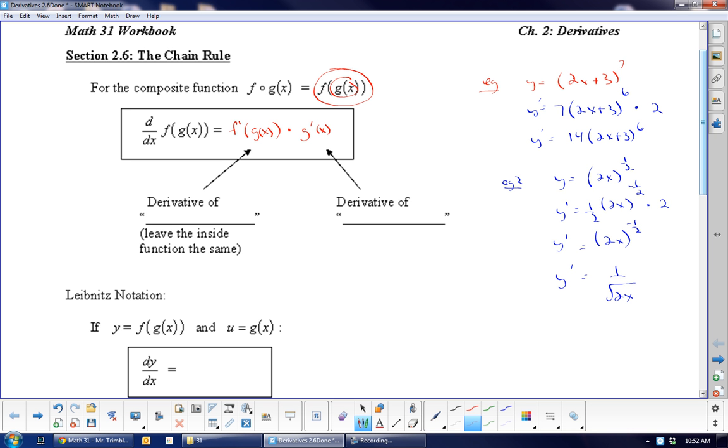Okay, so do the derivative of the outside function times the derivative of the inside function. You work from the outside in. So it's the derivative of the outside function times the derivative of the inside function.